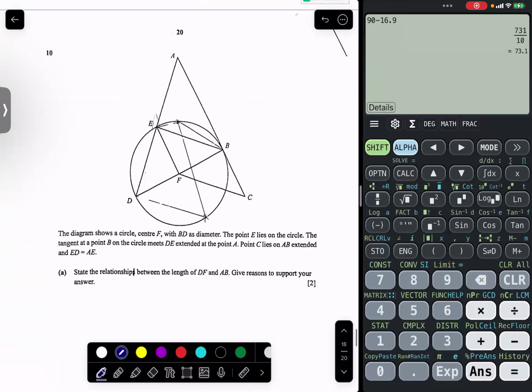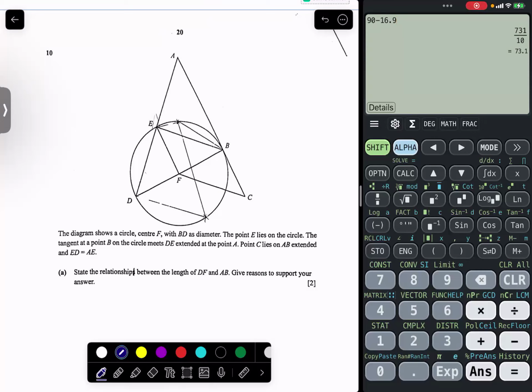The diagram shows a circle, center F, with BD as a diameter. The point E lies on the circle. The tangent at point B meets DE extended at point A. Point C lies on AB extended, and ED equals AE.